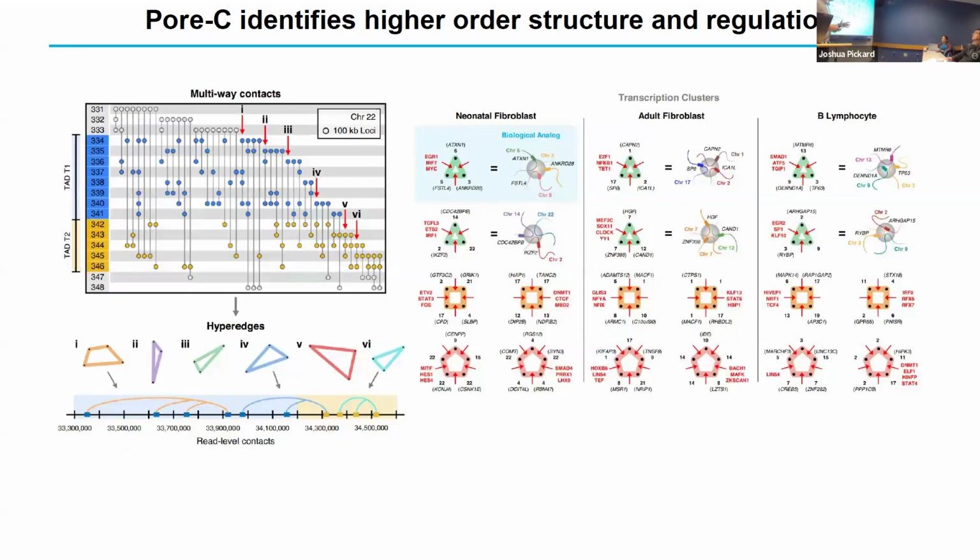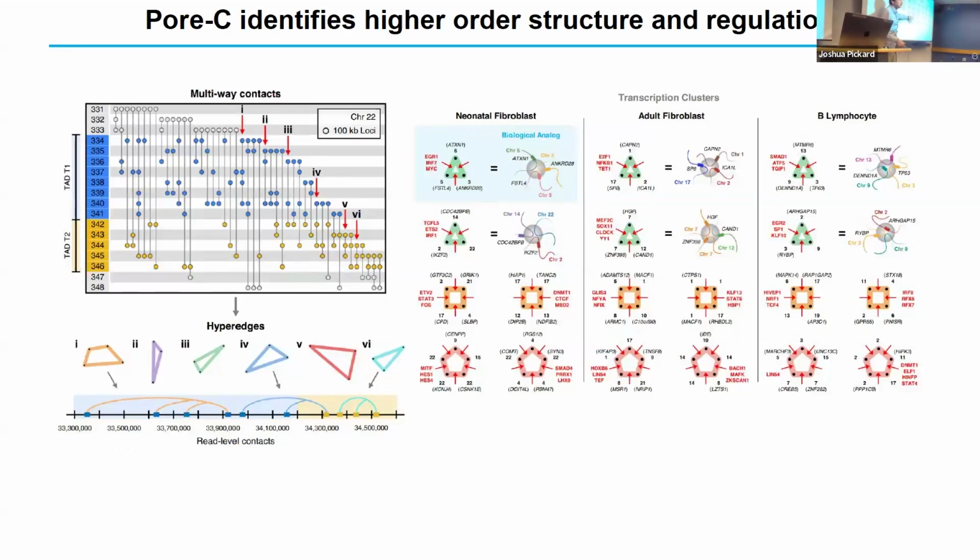One of the projects we did with this data was we took Pore-C data, constructed a set of hypergraphs from it, and wanted to see, when we extract these multi-way contacts, can we actually learn anything interesting? Is there some regulatory structure that we can observe uniquely with Pore-C that we can't observe with Hi-C? So we took our Pore-C data and filtered it down using ATAC-seq and RNA-seq, and we looked for genes that are co-regulated by the same transcription factors.